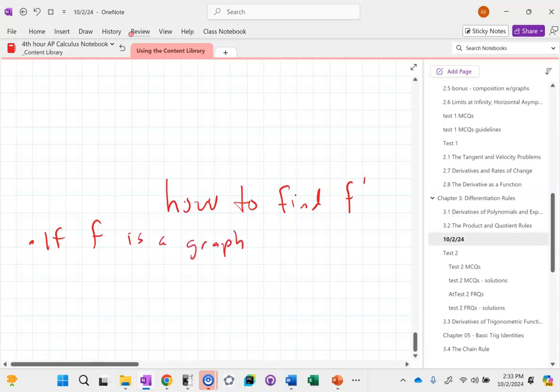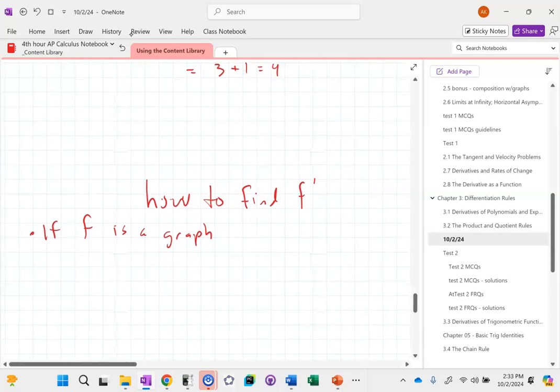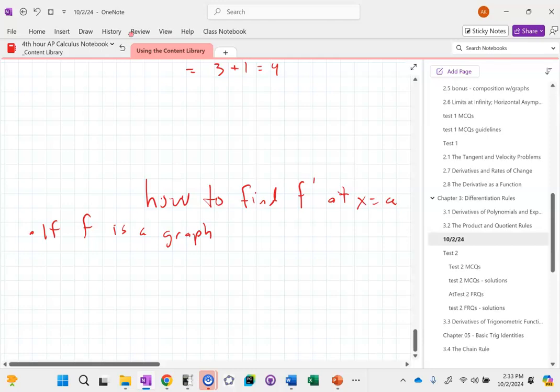So if I'm looking for the derivative of f, but I'm given a graph, what do I do? Well, let's be a little bit more specific, at some specific value. We look for the slope of f at x equals a, right?